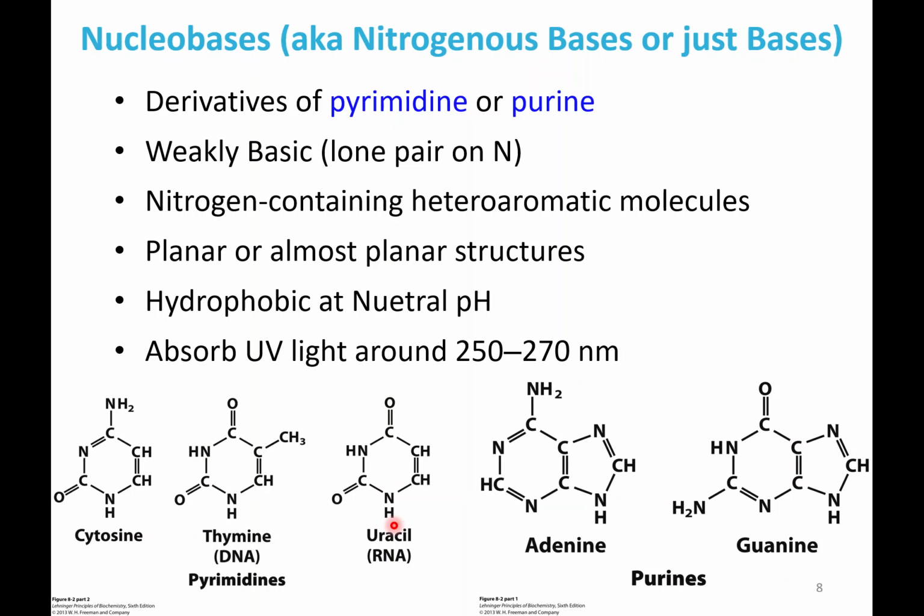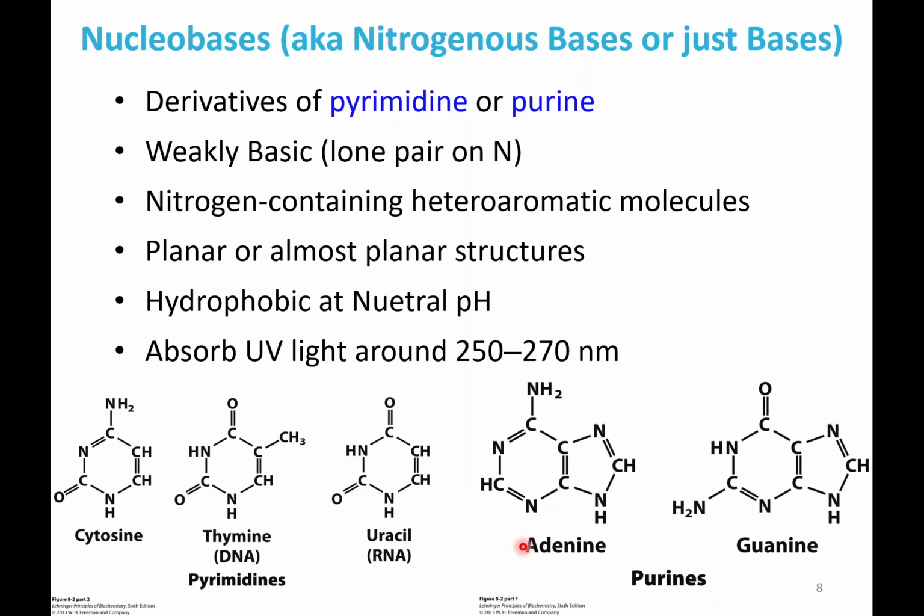The 5 that are the most important to know, because they're the nitrogenous bases in DNA and RNA, are cytosine, thymine, uracil, adenine, and guanine. Cytosine, thymine, and uracil are pyrimidines, and adenine and guanine are purines.